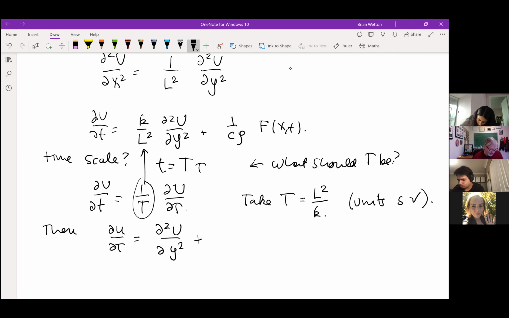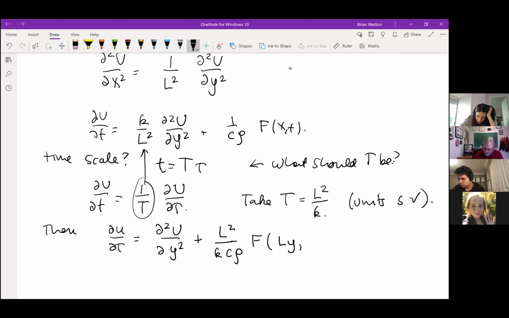And then I'm going to get plus L squared over K C rho times F. I've got a coordinate y, right, which is not x, so it's L times y.